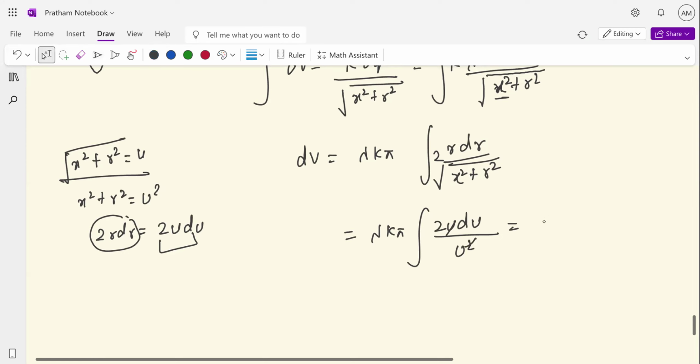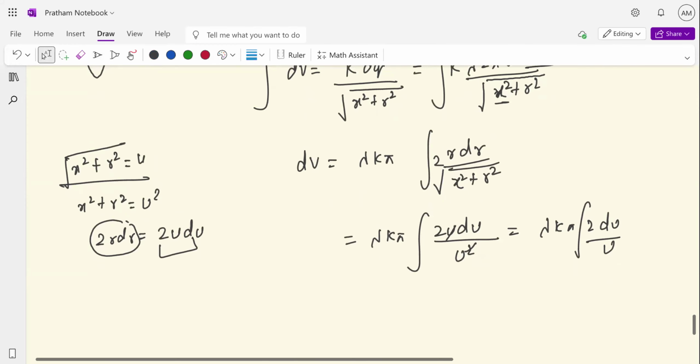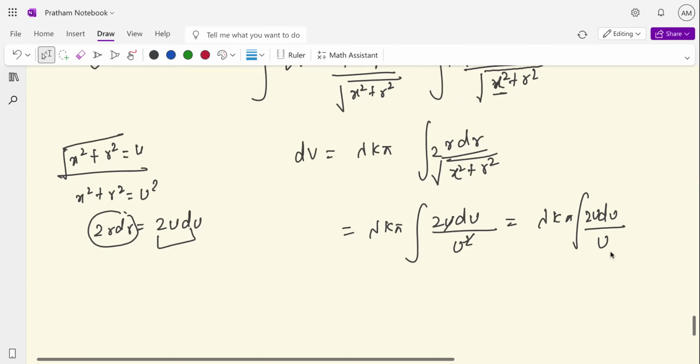Lambda k pi 2 du by... Root x square plus r square was u. I think we made a mistake. It was du, and the whole thing was du itself, so I can write it like this. Clear? Now it's right.